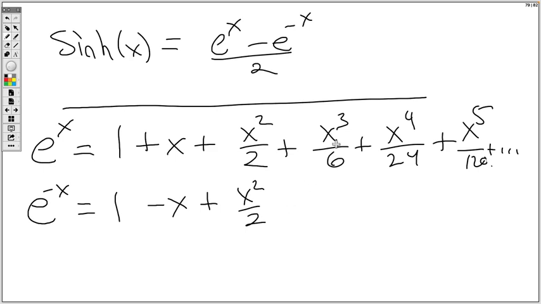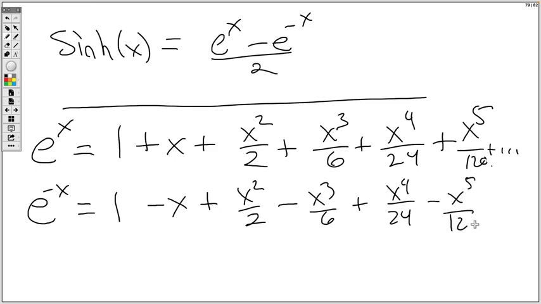What happens when you plug the negative x in there? Negative. What happens when you plug the negative x in there? Positive. What happens when you plug the negative x in there? Negative. You with me or not?